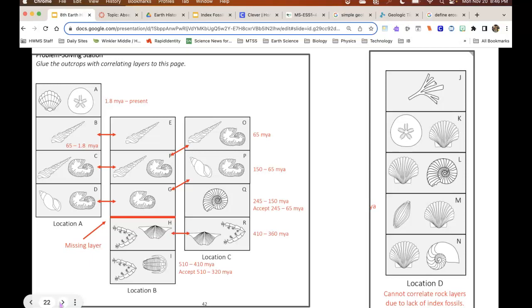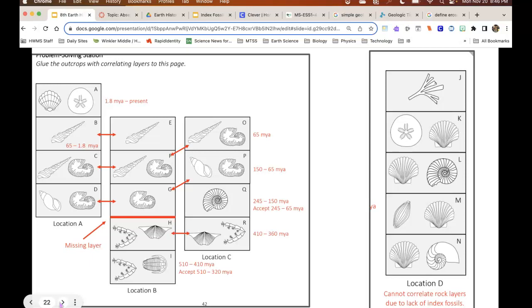And so scientists figured this out by comparing their index fossils that they have found from all over the world and giving them an approximate date of when the organism was alive. And again, it's a really wide range. We're not talking 10 years or 20 years. We're talking millions of years.